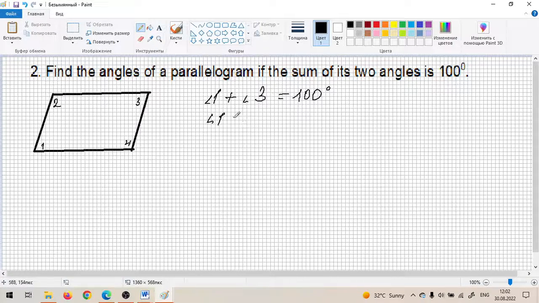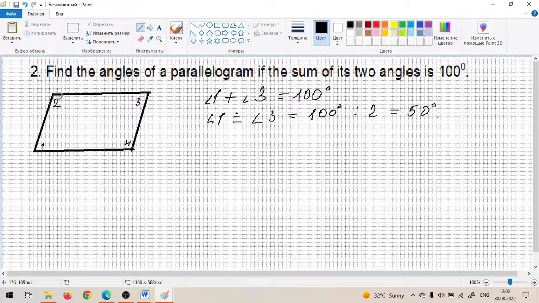Angle 1 equals angle 3, and 100 degrees divided by 2 is 50 degrees. So these angles 50 degrees, and this angle 50 degrees too.